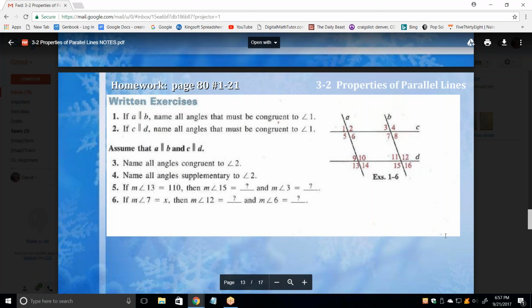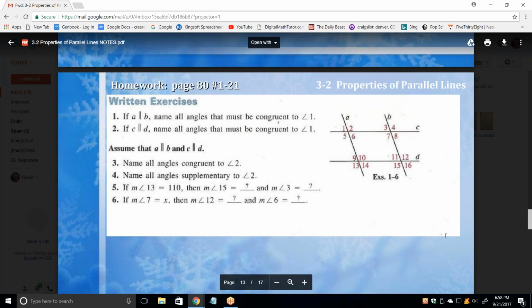Good. Name all angles supplementary to 2. 1, 3, 9, 11. Well, let's go in numerical order. What about 6? Oh, I forgot.